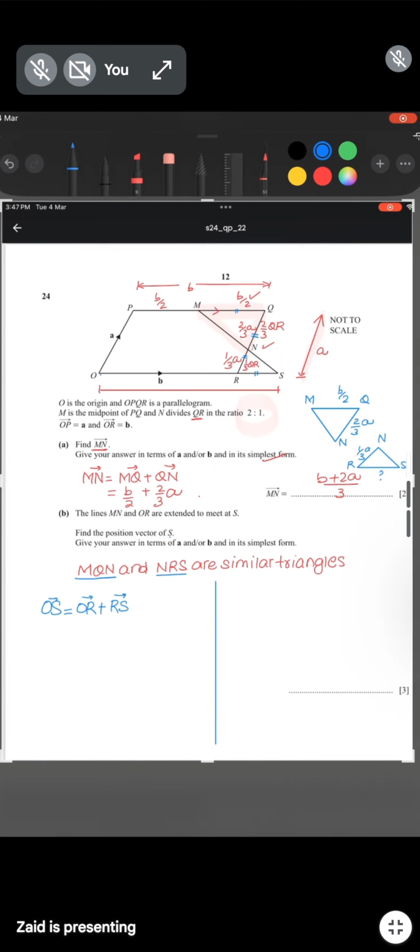So let's try to make the ratios: MQ upon RS, these are similar sides, such that QN upon RN, similar triangles.